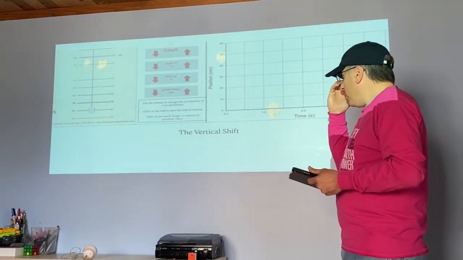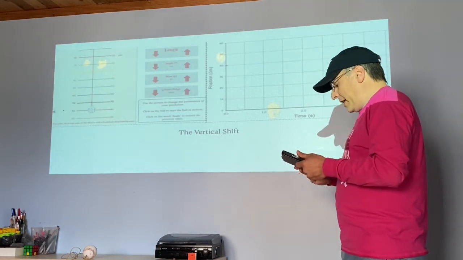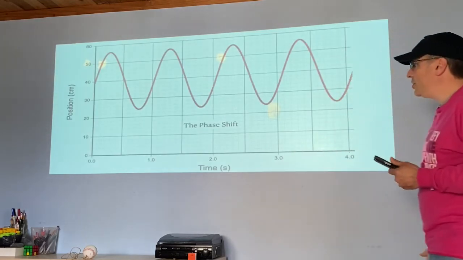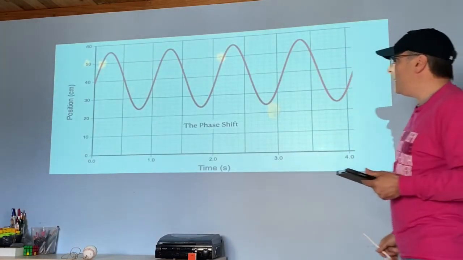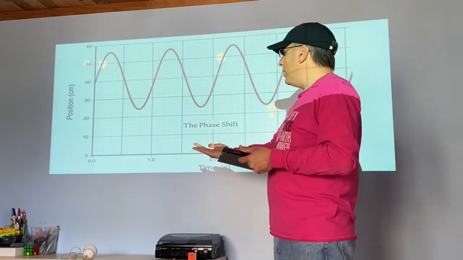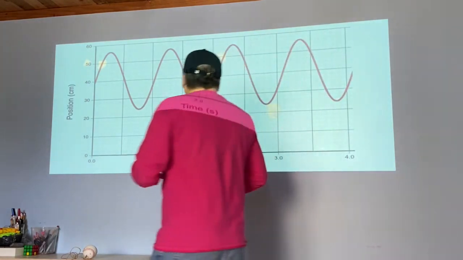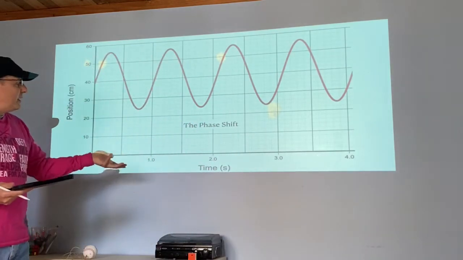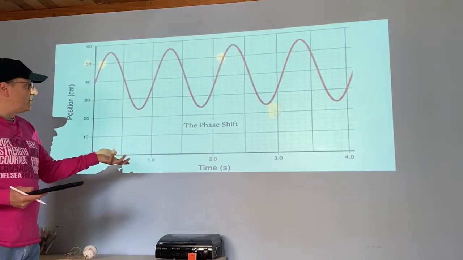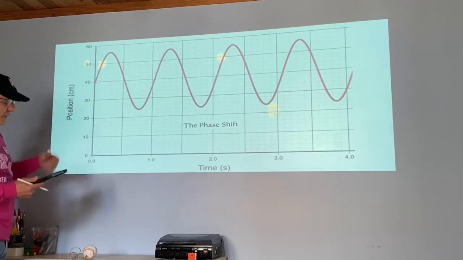Okay, then we want to talk about phase shift. For phase shift, what we look at is where in its cycle the ball is when you start timing. So again, where in its cycle is the ball when you start timing? This is a perfect sine curve.